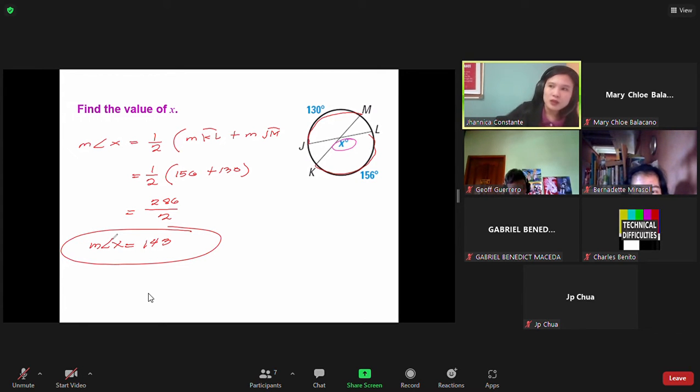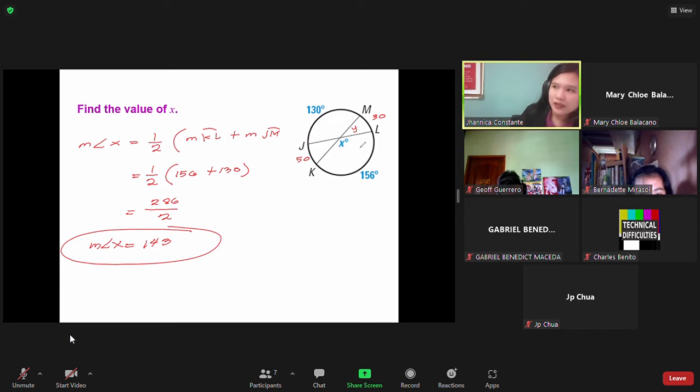So let's say we're going to use the same circle, but for now, we're going to find the measurement of angle Y. Let's say that the measurements of the two arcs intercepted by our angle Y are 30 and 50.